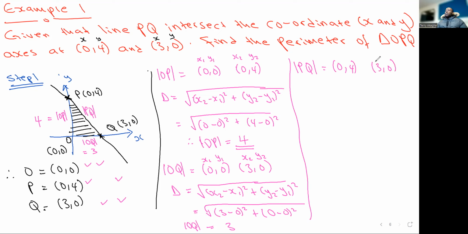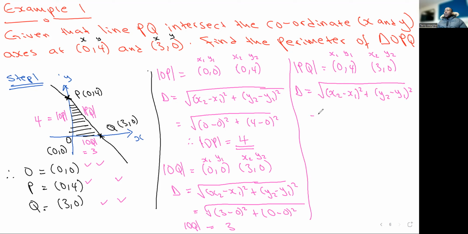Okay, so let's go. We know the distance formula is equal to the square root of (x2 minus x1) squared plus (y2 minus y1) squared. This is our x1, y1, and this is x2, y2.